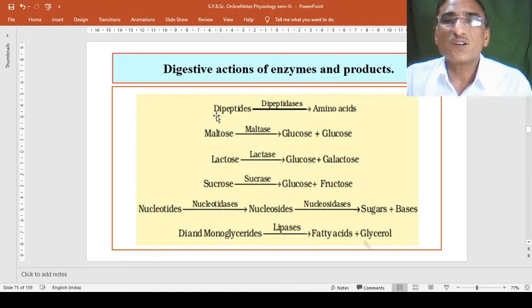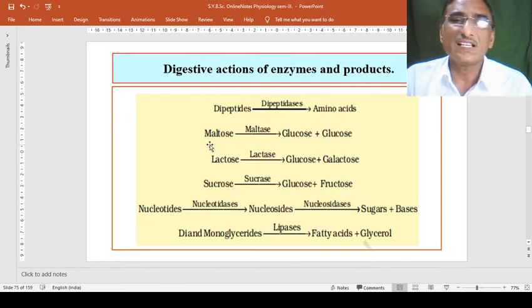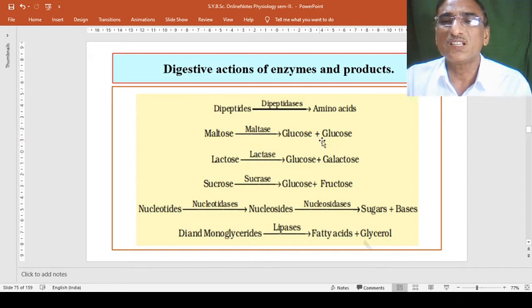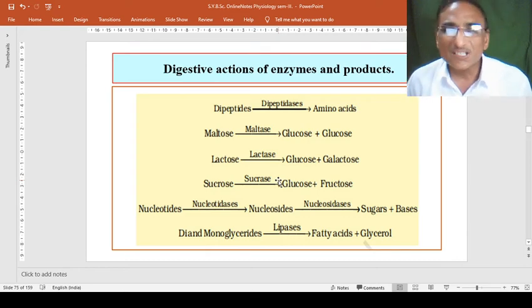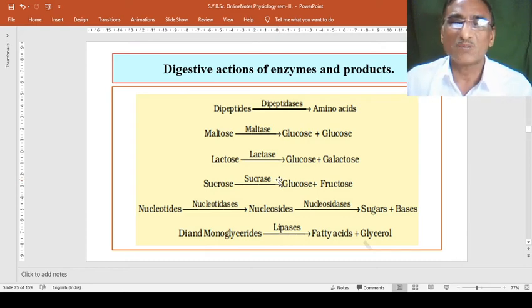Likewise, maltose is converted into two molecules of glucose in the presence of the enzyme maltase. Lactose is converted into glucose and galactose in the presence of lactase enzyme, that we have seen in the previous slide. Then sucrose is another sugar which converts into glucose and fructose in the presence of the enzyme sucrase.